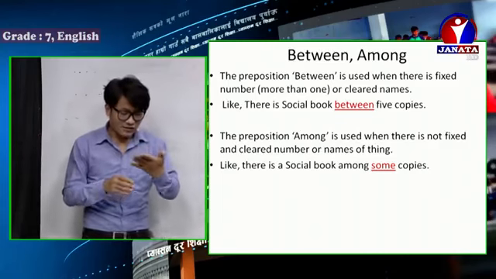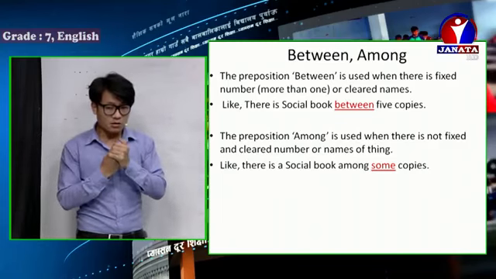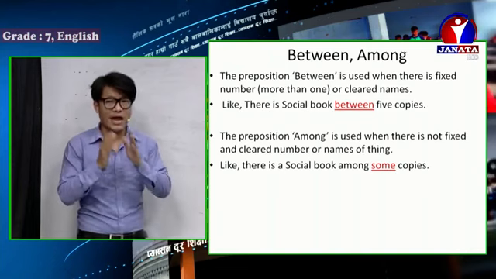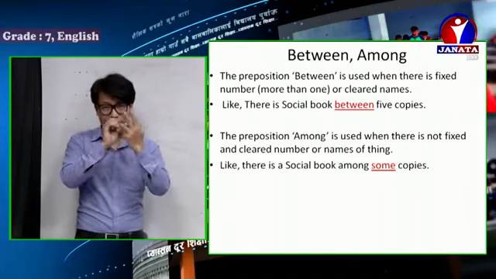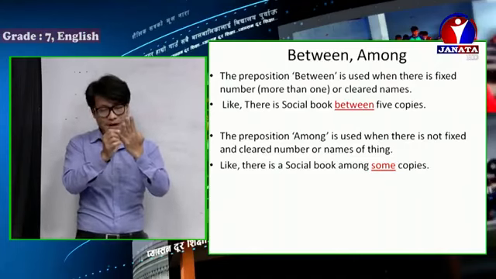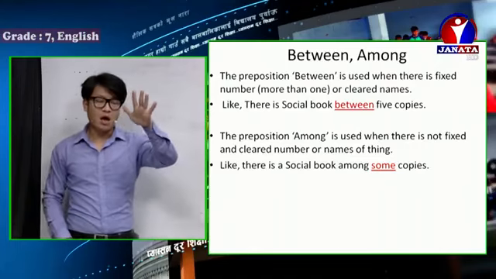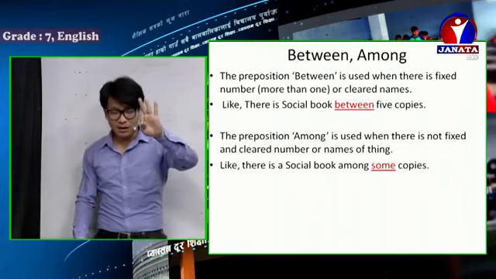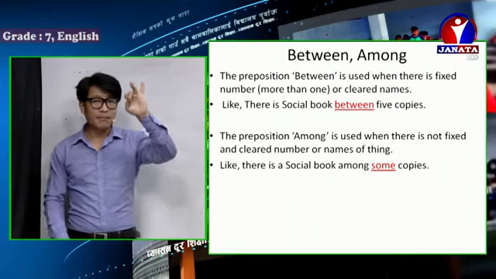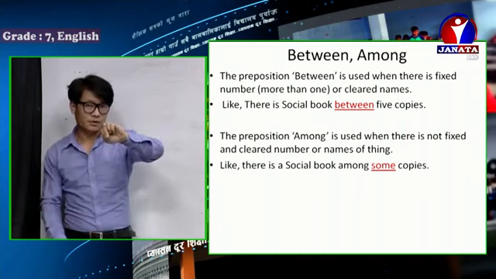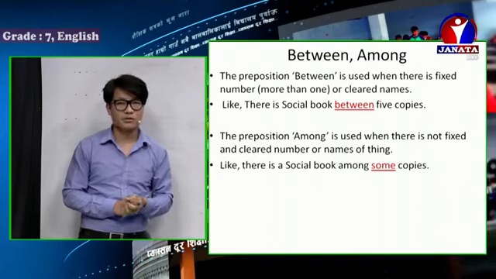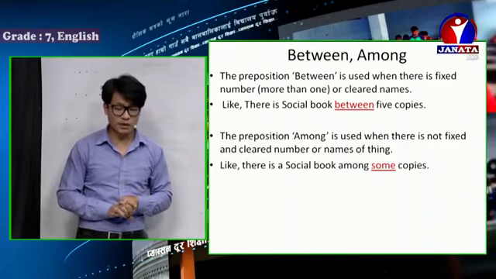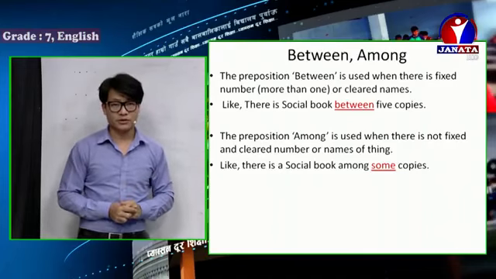So here are some words which do not show the exact number, like some, several, many, a lot of, a few. So these words do not show a fixed number. So in such a case, we use the preposition among.